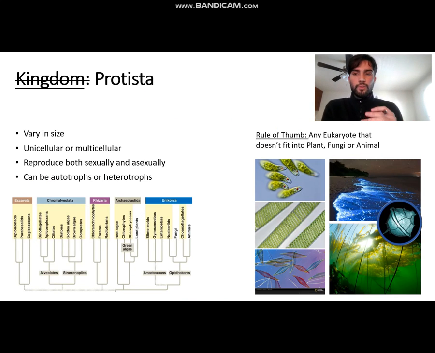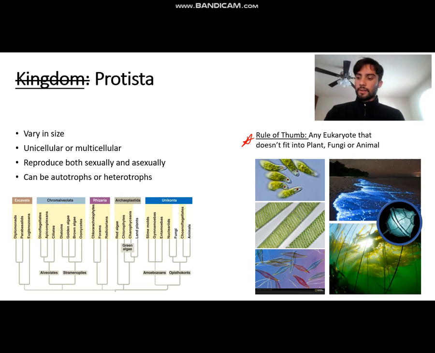Okay, so we get into protists now. Basically everything that doesn't fit into plant, fungi, or animal, you throw into the category protists. It can be called a kingdom, but there is a lot of debate, and phylogenetics are constantly changing, so new hypotheses are being tested, and instead of kingdom there is a division into supergroups.